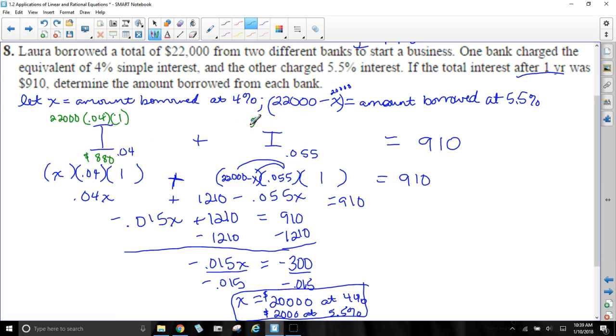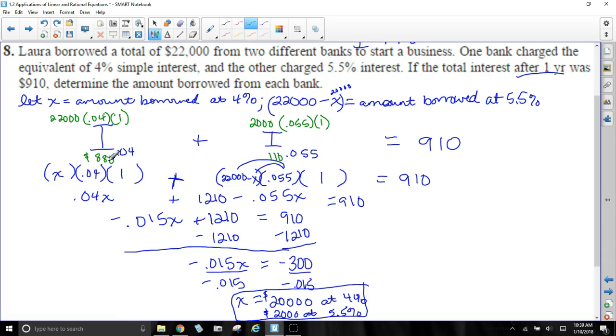Here she borrowed the $2,000 at 5.5% for, again, a year. And so when you multiply 2,000 times 0.055 times 1, this number comes out to be 110.